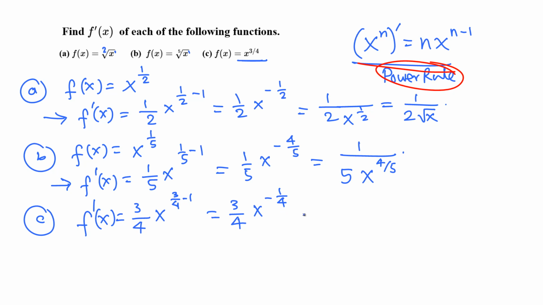This is it, or if you want to get rid of this negative exponent, 3 over 4 x raised to 1/4. This is, by the way, the 4th root of x. Final.